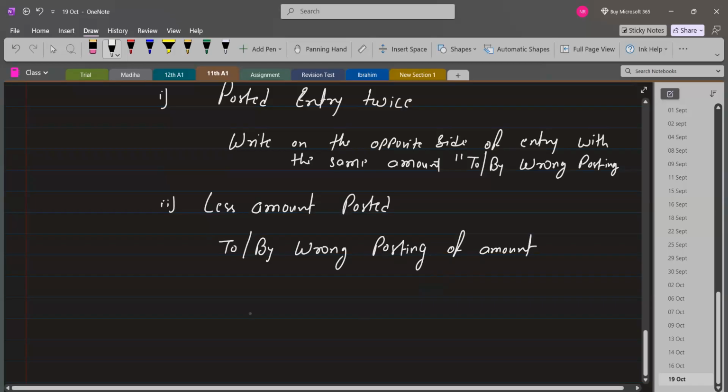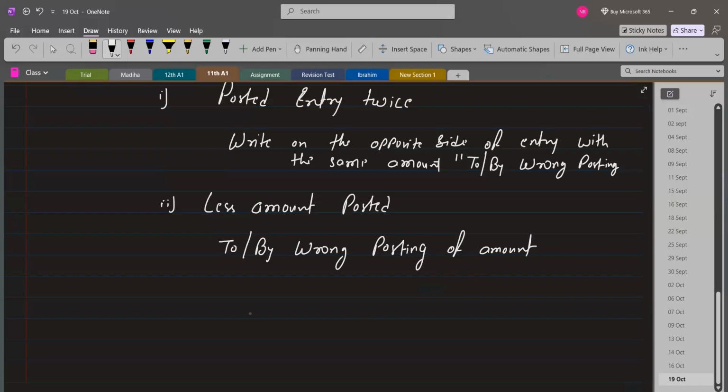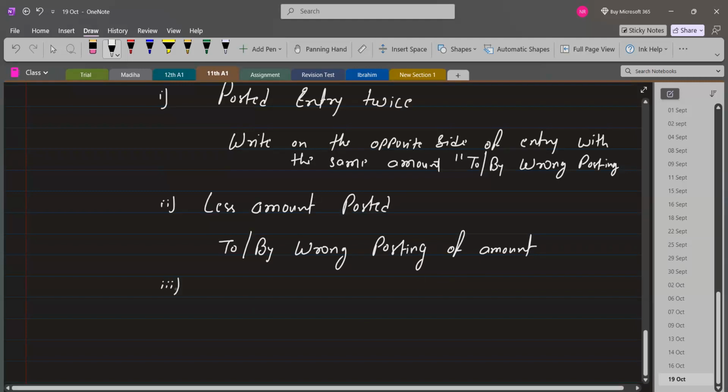Same thing. If a debit item is written on the credit side or a credit item is written on the debit side, then it is called wrong side posting.